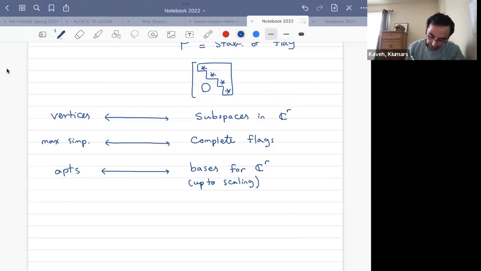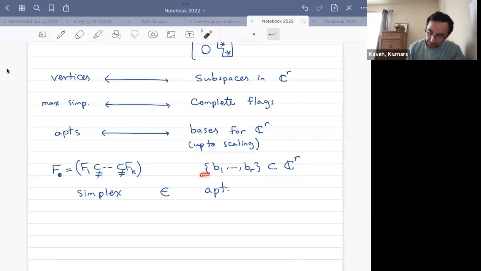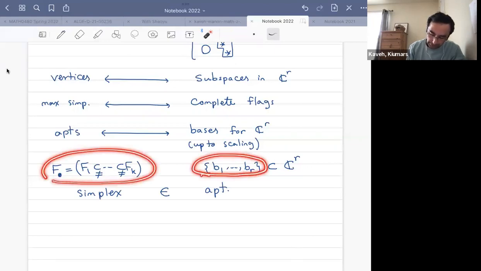So you have an apartment associated to a basis, B1 to Br, and then you have a flag. This simplex belongs to the apartment, because this represents an apartment, this represents a simplex.